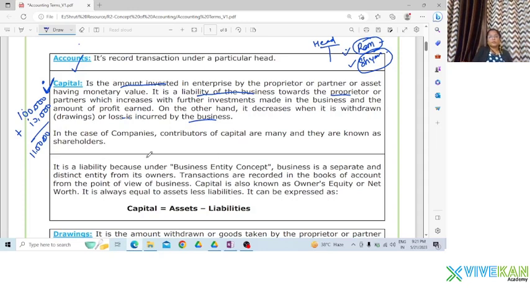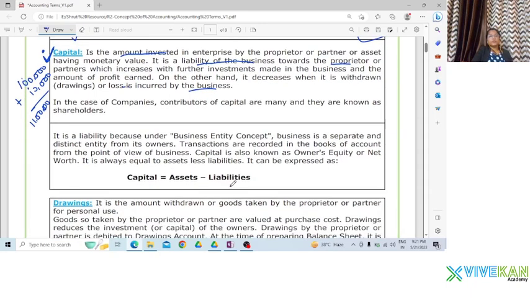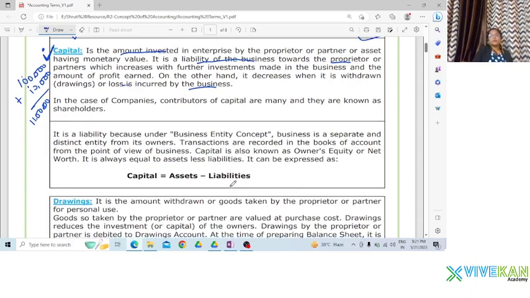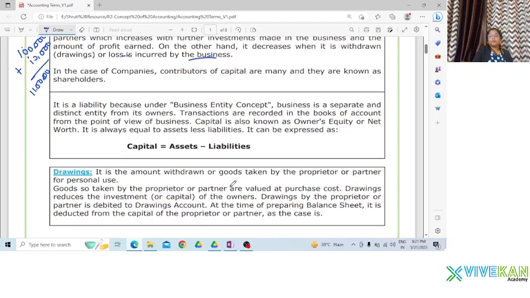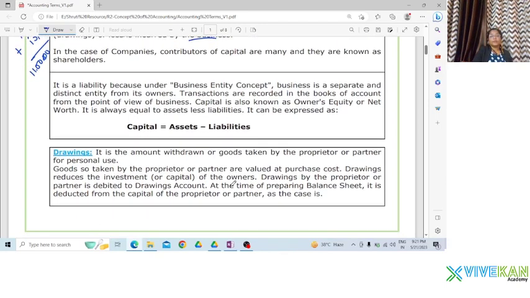Now, let's move on to the next definition. As I have told you, investing money increases the liability; similarly, withdrawing money will reduce it. When the businessman withdraws money from the business for personal use, not for any operational purpose, it's called drawings.